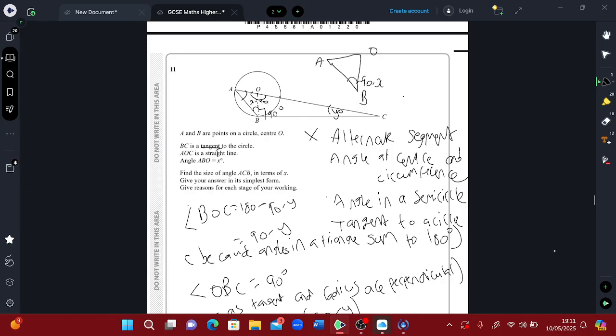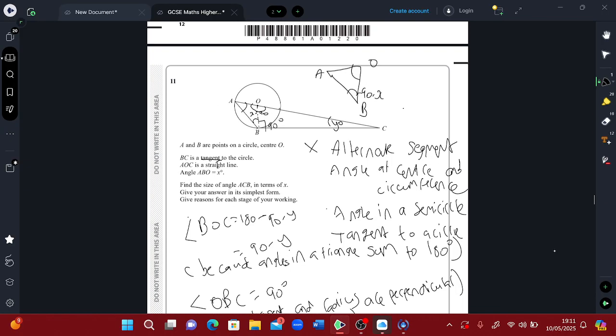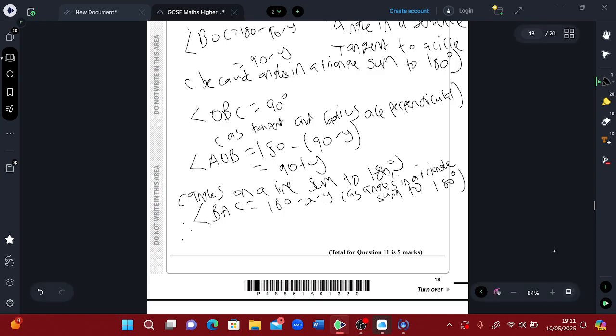We know that this is 90 plus y. And we know that that's 180 minus x minus y. Why do I feel like stuff's going to cancel though? I don't know. Let's see what happens.